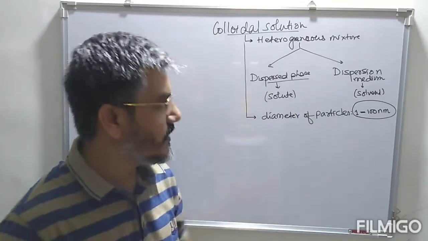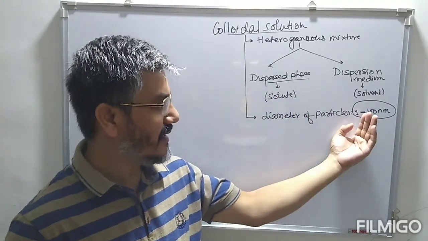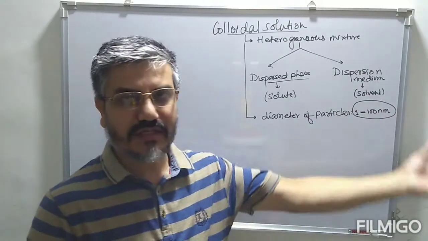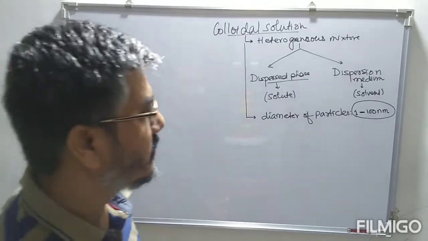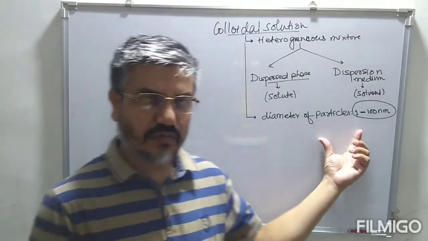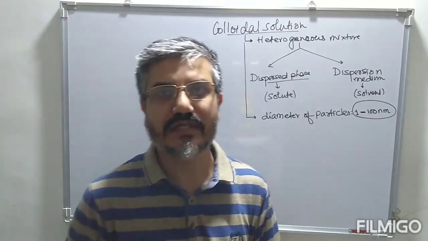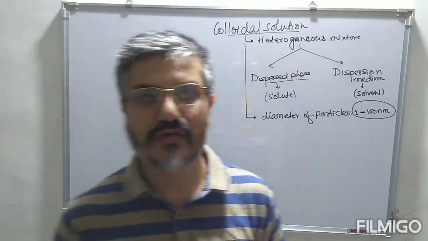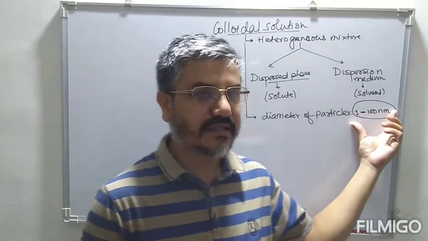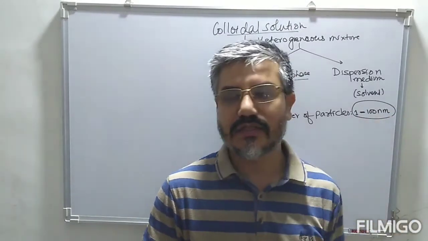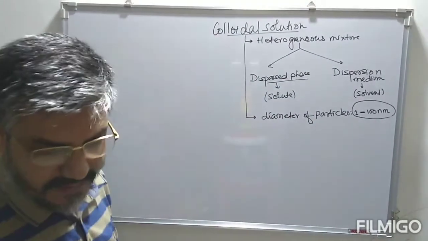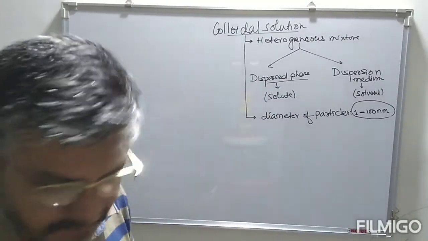The question arises: if the size of the particle is less than 1 nanometer, or if the size of the particle is greater than 100 nanometer, then what is this? If the size of the particle is less than 1 nanometer, then those solutions are known as true solutions. Whereas if the size of the particle is greater than 100 nanometer, then those solutions are known as suspensions. So we have three categories of solution.